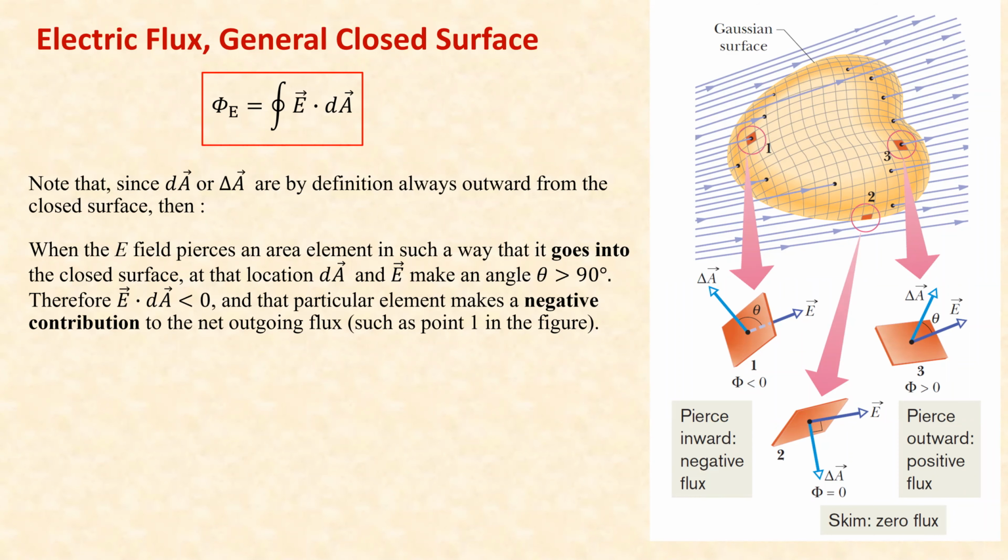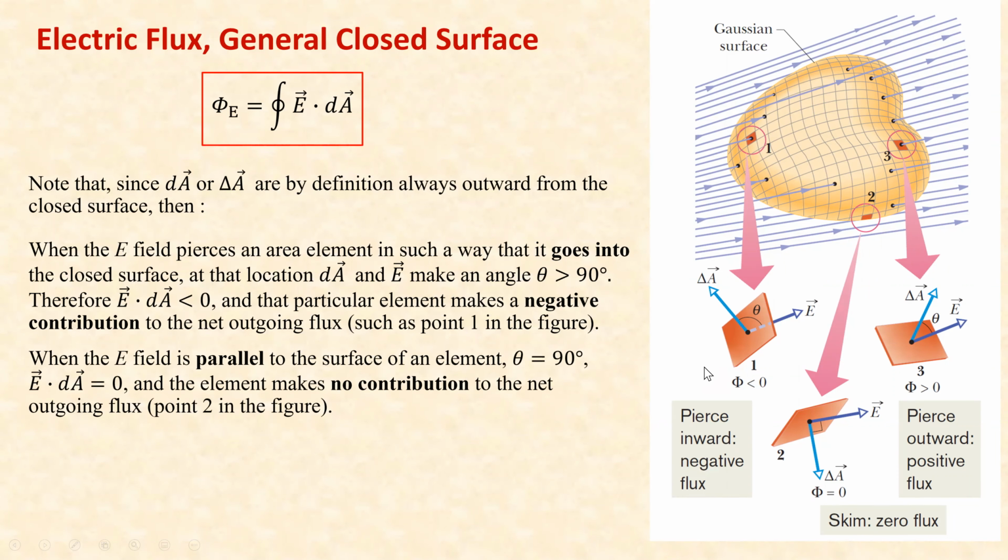Therefore, E dot dA becomes less than zero, because the cosine of theta, which is larger than 90 degrees, becomes negative. And that particular element makes a negative contribution to the net outgoing flux, like point 1 in this figure.